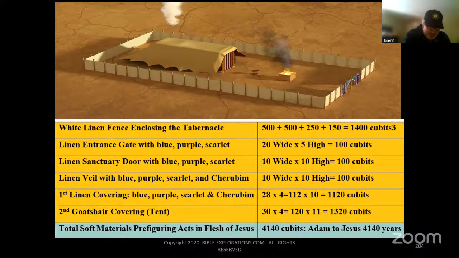Through animal skins, and covered their shame. It wasn't just the skins themselves. It was them knowing that it was the Lord that was covering them. He was their covering. So from Adam all the way to the ministry of Jesus, it's always been about the covering, the redemption. And it's seen throughout this tabernacle pattern.